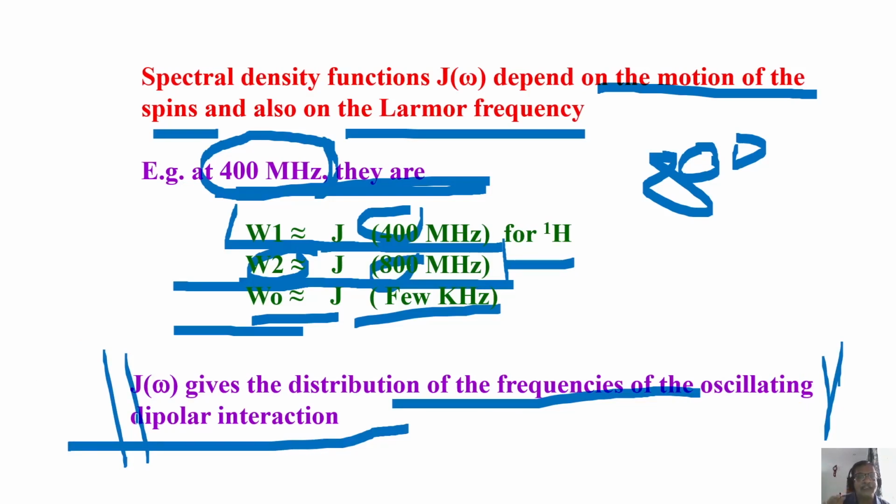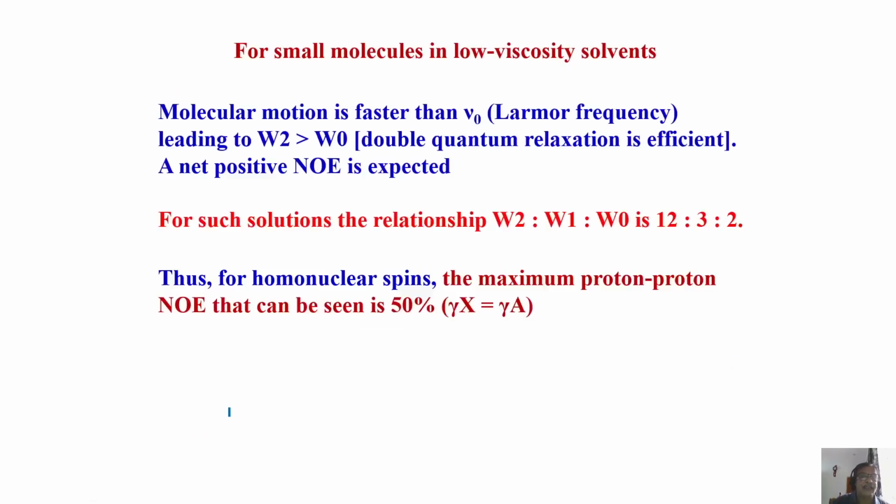Clear? What is the spectral density function? It is nothing but the frequency distribution obtained because the dipolar interactions are always undergoing oscillations, so it won't be steady. And the time domain function, if you do the Fourier transformation, that's what you get, the frequency domain.